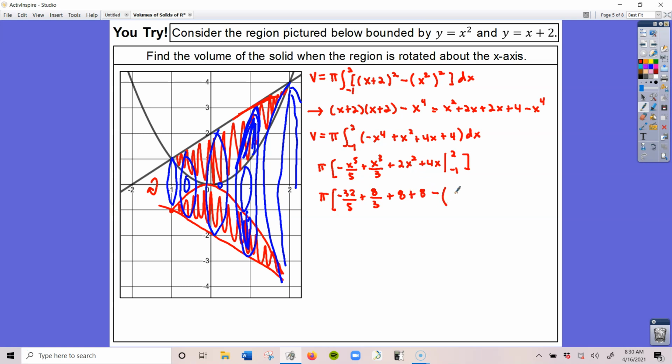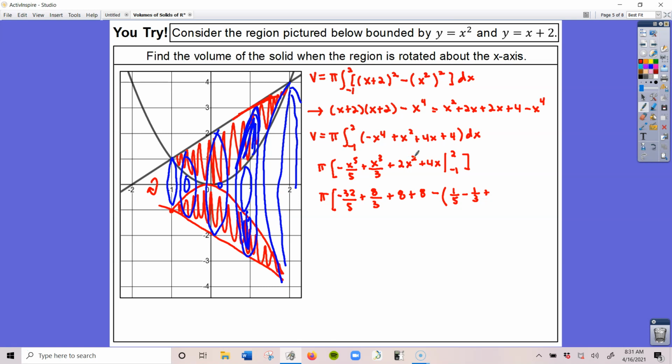Now minus, I'm going to plug in the -1. -1 to the 5th is -1, but we have this negative here, so it'll be positive 1 over 5. Then -1 to the 3rd would be -1, so it'll be minus 1 over 3.